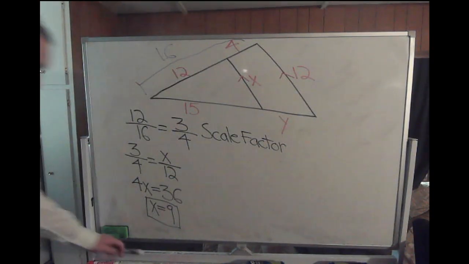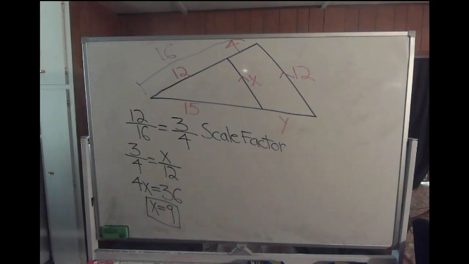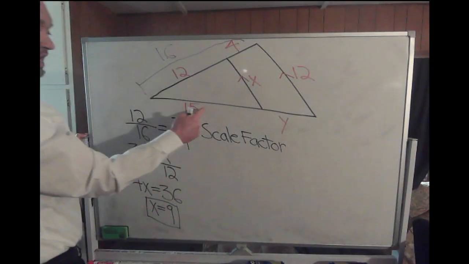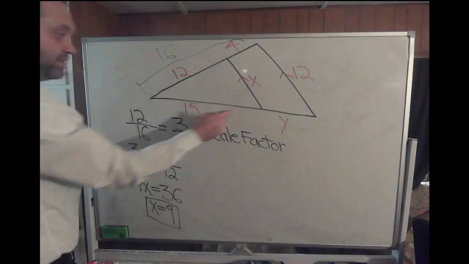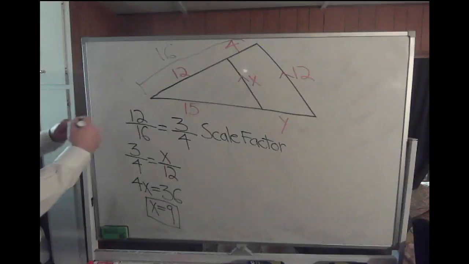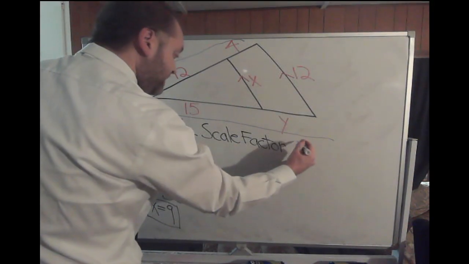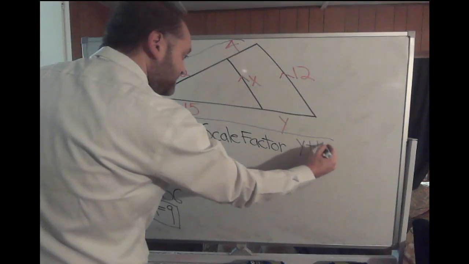Okay. Well, again, to solve for y, ultimately it's going to be the ratio of this length of 15 to the whole length of this whole side, which would give you that this side here would be y plus 15.